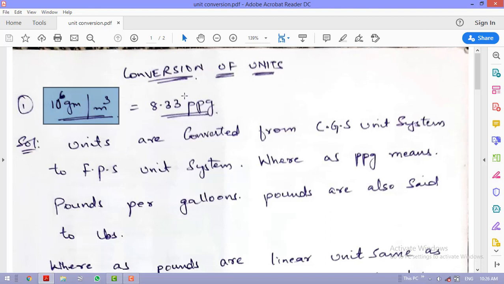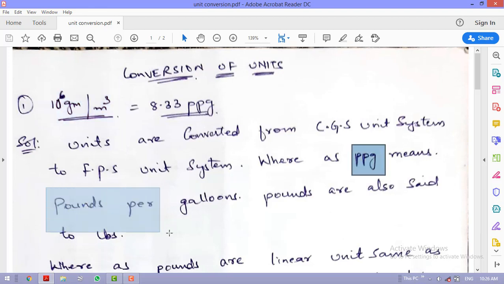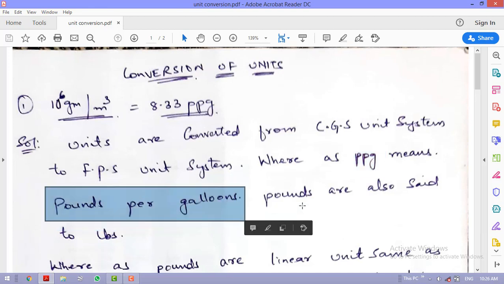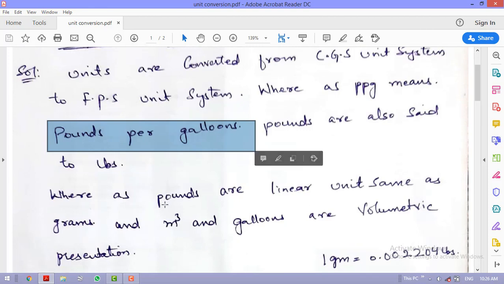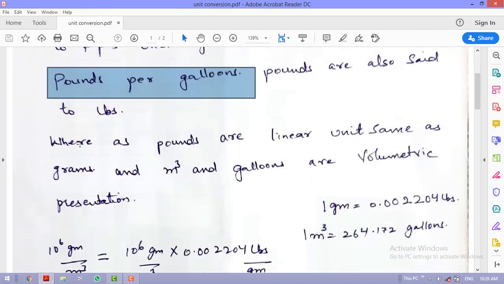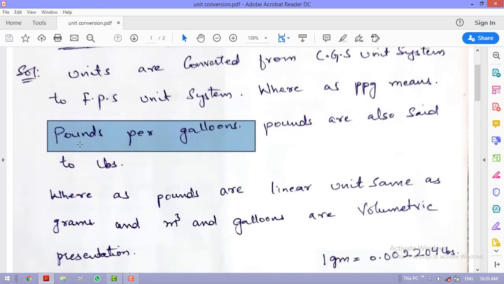Here we have to convert grams per meter cube to ppg. So let us understand what ppg means. ppg actually means pounds per gallon, where pounds can also be denoted as lbs. So no need to worry if you see lb per gallon, which also means pounds per gallon.